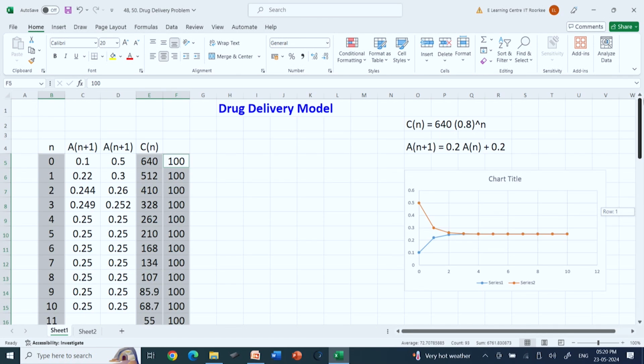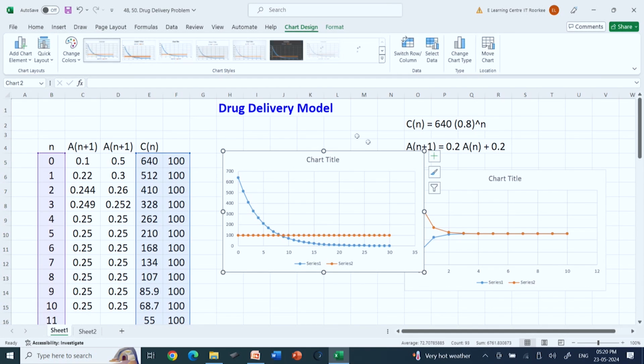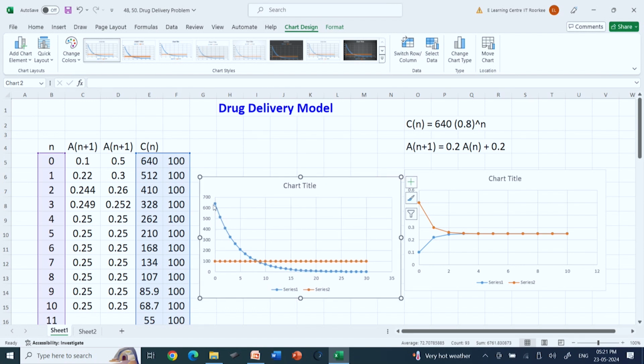So, these columns have been selected. You go to insert, go to the chart. What you see here is the drug curve, which goes to 0, and this is the line of 100 mg per L. This is the point of intersection, and that value is approximately 9 time units, in this case hours. So, approximately in 9 hours, the concentration of the drug will reach 100 mg per L.